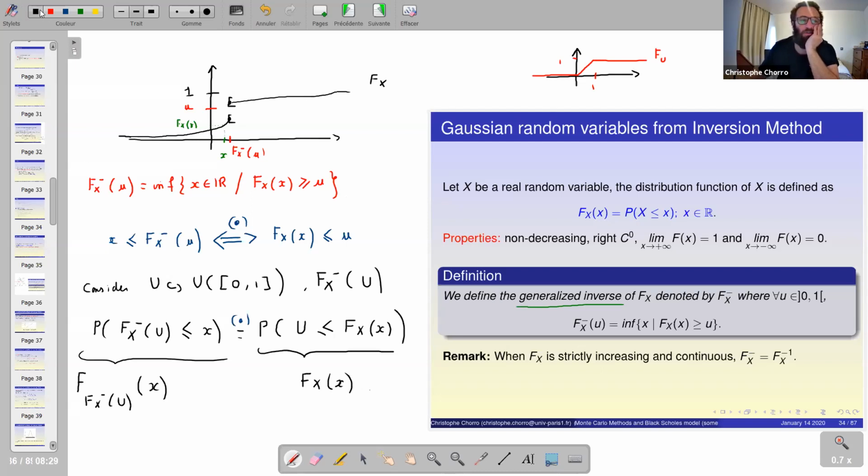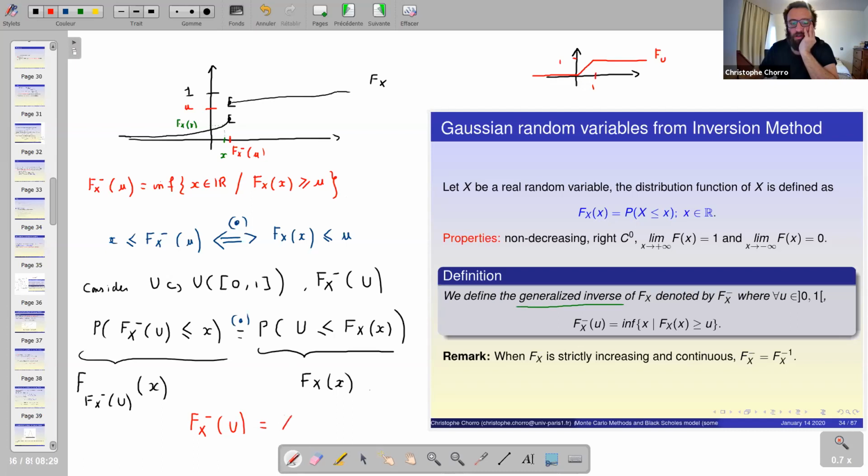And what I can deduce from this little computation, so it's a very basic thing here, is that F_X^-(U) and X have the same distribution function, since the distribution function characterizes the distribution of a random variable.